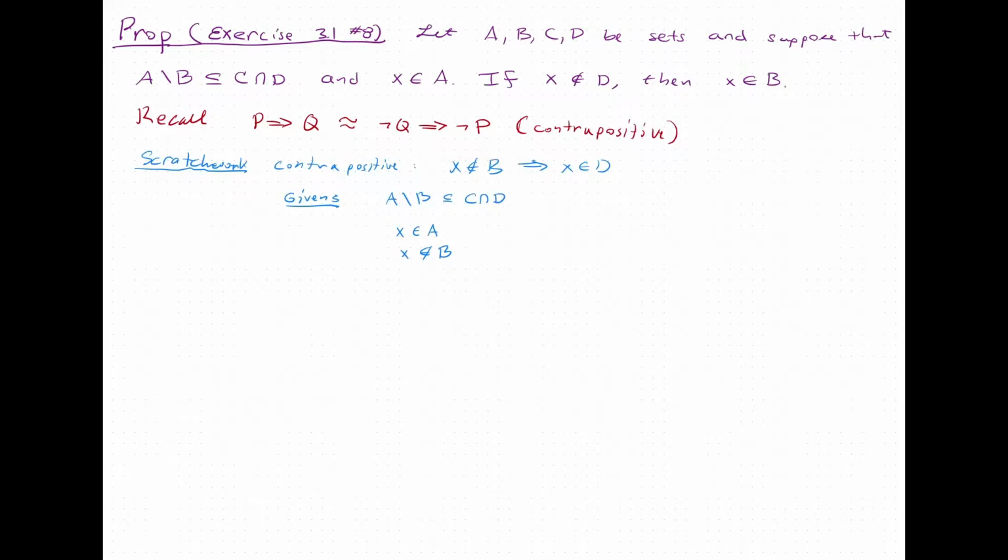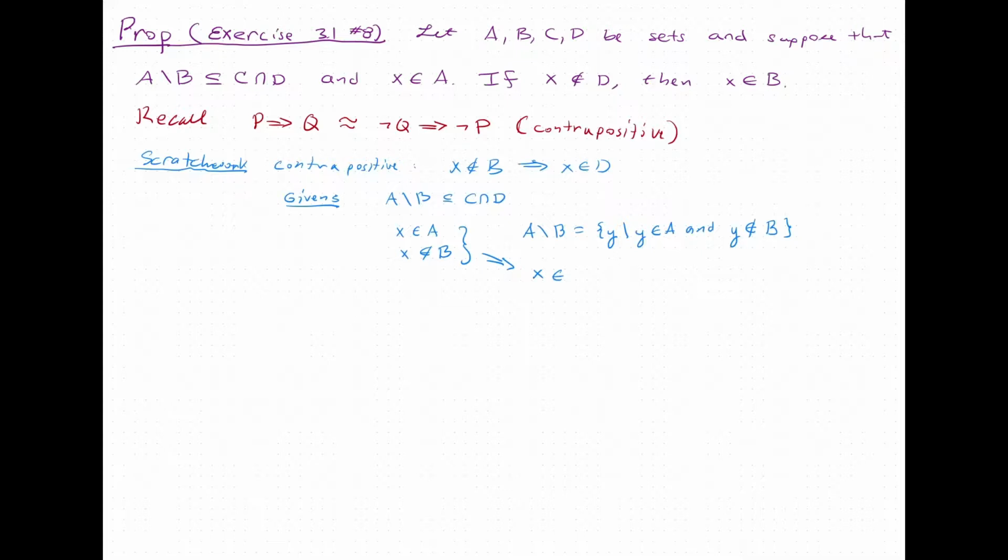So now, these two together, x is in A and x is not in B, that's the definition of what it means to be in A minus B. So recall that A minus B is the set of elements y such that y is in A and y is not in B. And so in particular this is telling us that x is in A minus B.